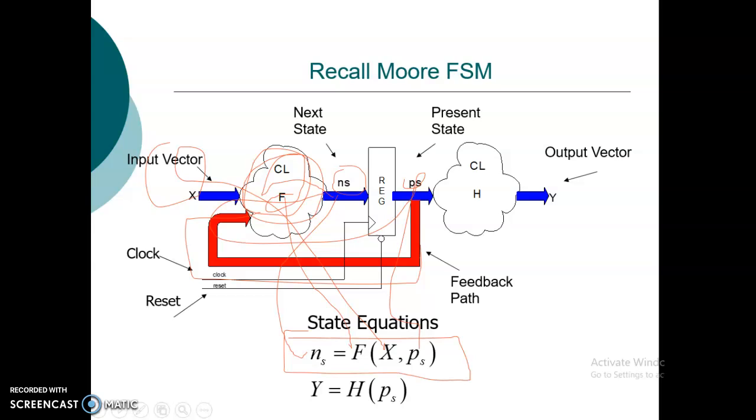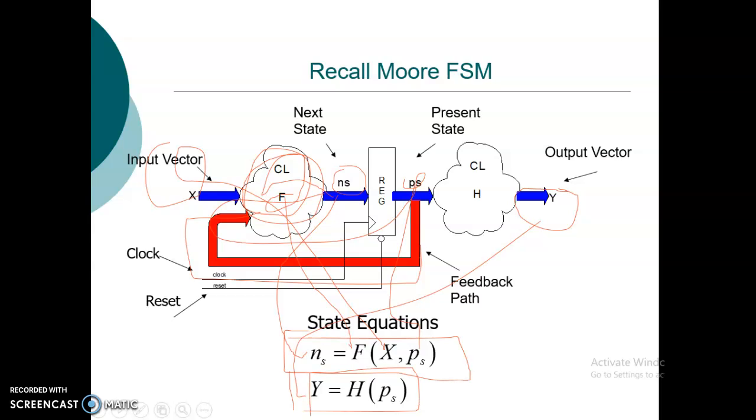Next state equal to function of input vector comma present state. That present state will be present before from combinational logic H. That combinational logic H only computing for output vector. Okay, no? Y, that is output vector, equal to H, what function going on here?